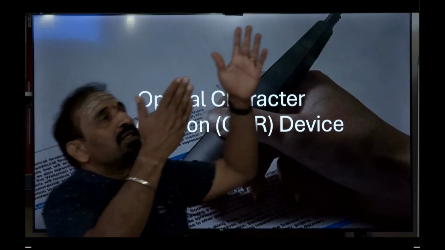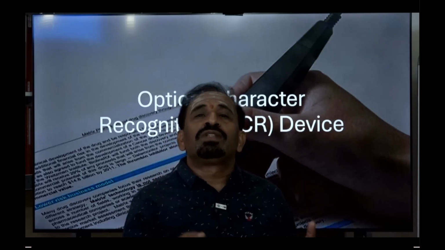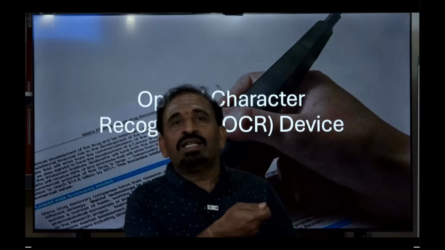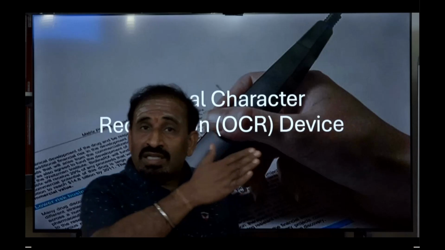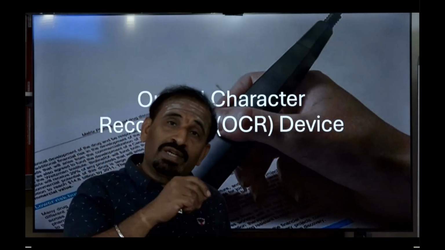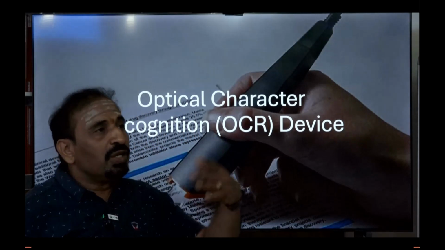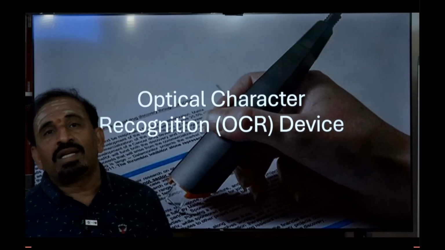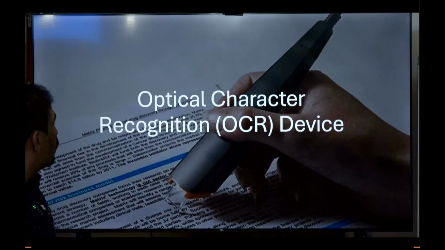Say for example, some old documents, some 10-year-old document which is written by hand by somebody. Then you scan it, recognize which language it is, then try to convert that handwritten script into computer readable ASCII format text. So these are the principles which are being used in OCR.